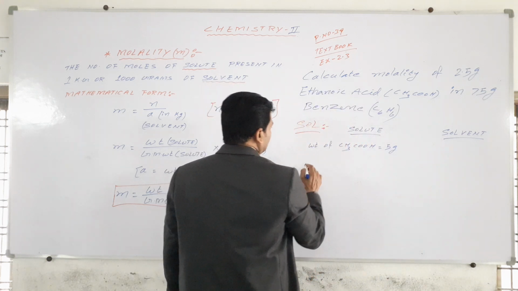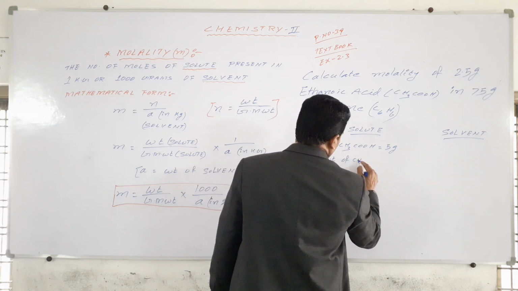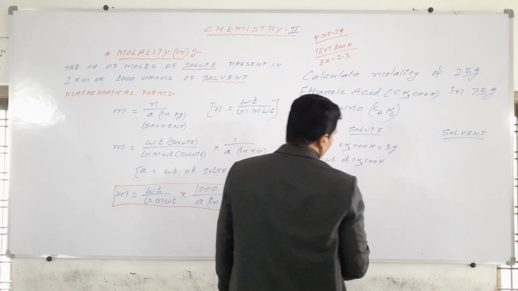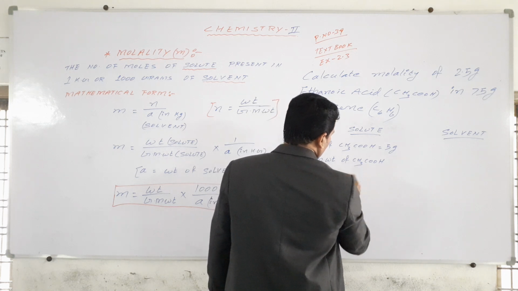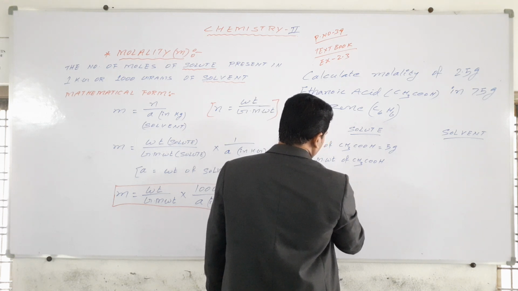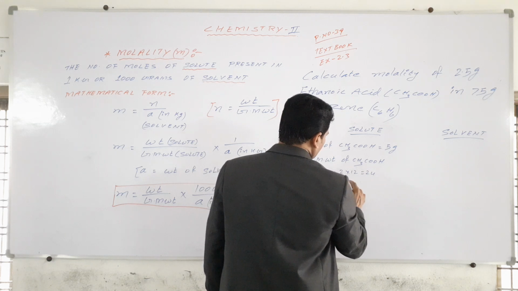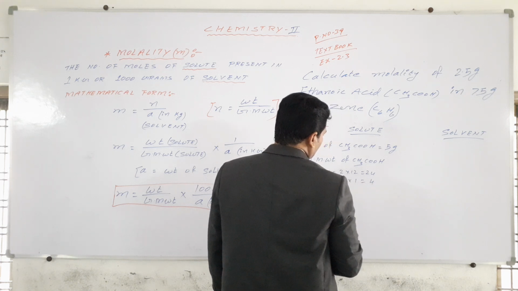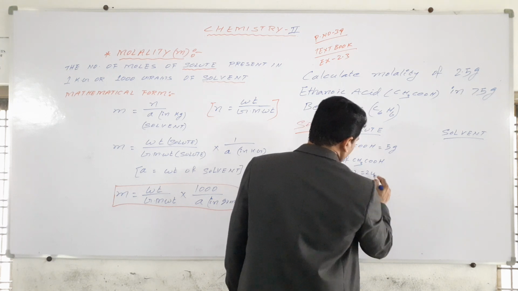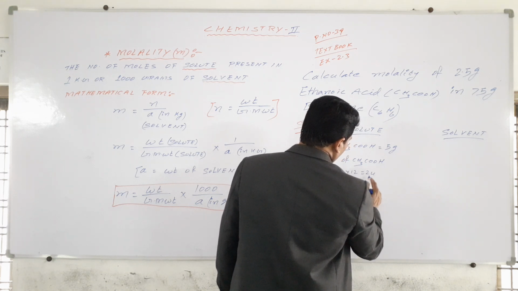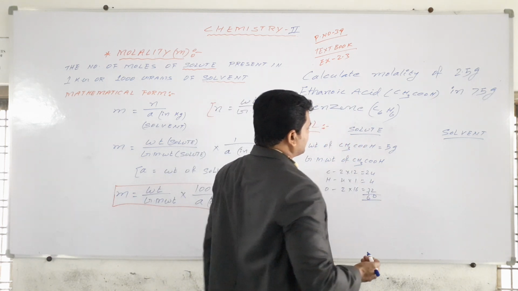Then gram molecular weight of CH3COOH: how many carbons? 2. 2 into 12, 24. Hydrogens 4, 4 into 1, 4. Oxygens 2 into 16, 32. So 24 plus 4 plus 32 is 60. So it is nothing but the gram molecular weight.